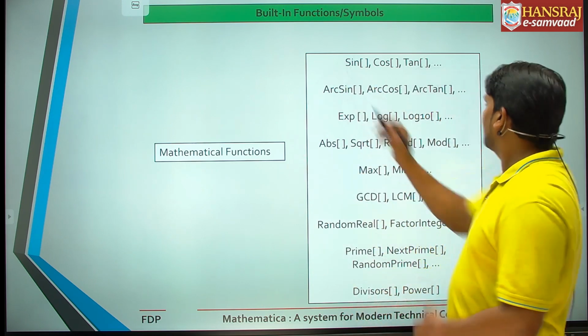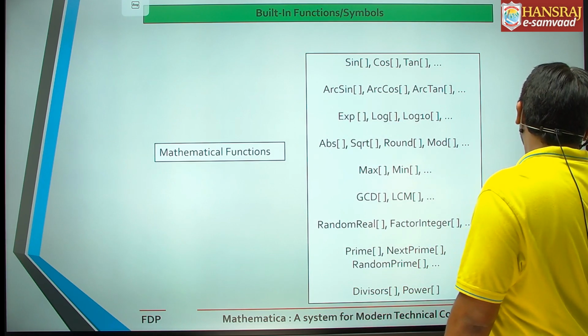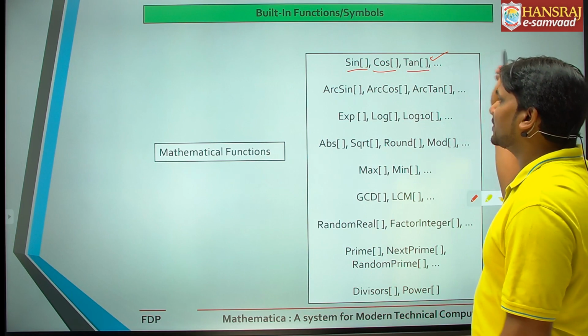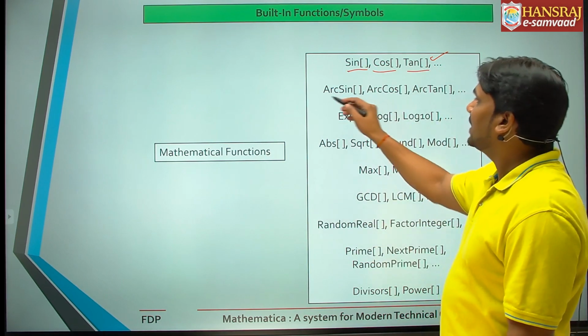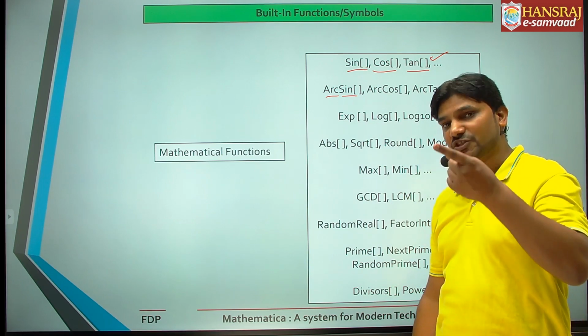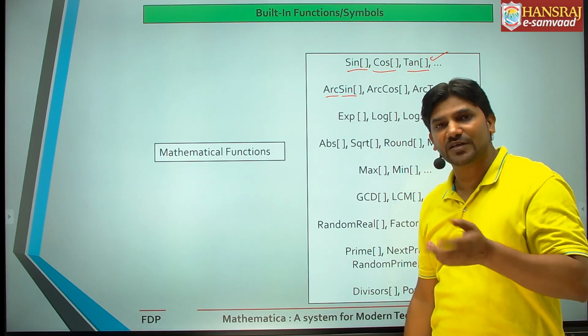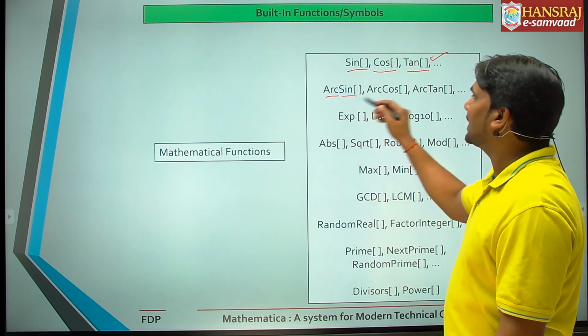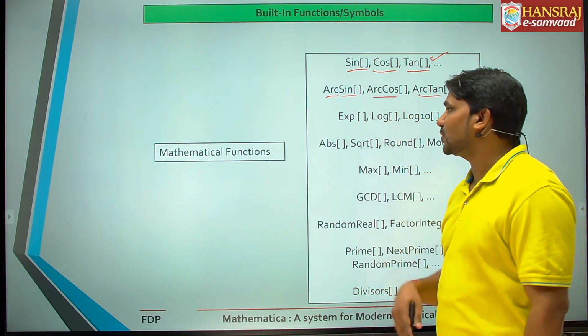In the first category we have trigonometric functions here, Sin x, Cos x, Tan x and others. Similarly we can use ArcSin. Basically Arc stands for inverse functions. So if you want to write sine inverse, cos inverse, tan inverse, then you need to use ArcSin, ArcCos, ArcTan and so on.